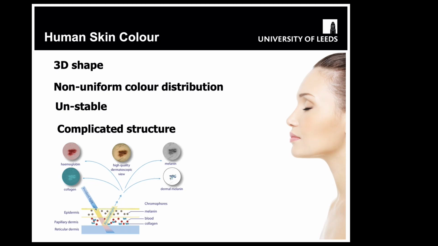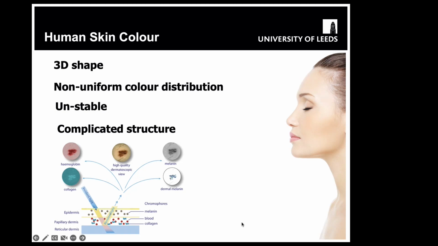Also, very interestingly, human skin is a complicated structure, a complicated material. The reason we say so is that it has different layers, as shown in this picture.